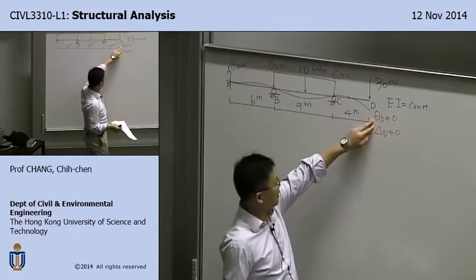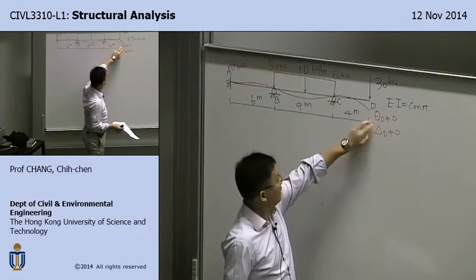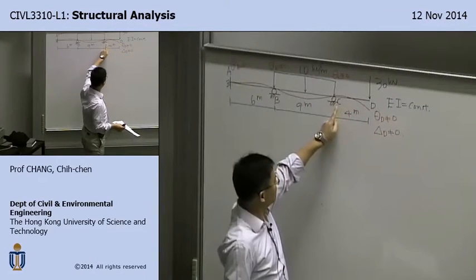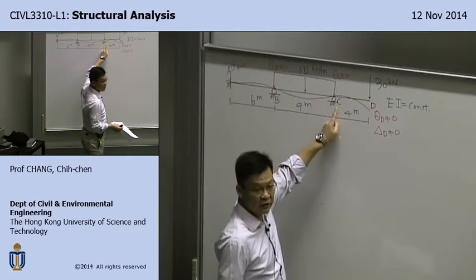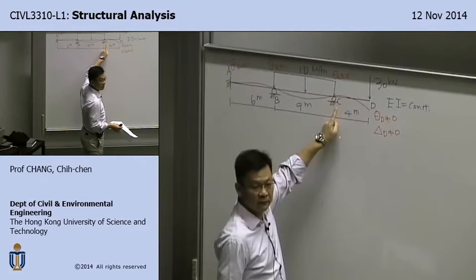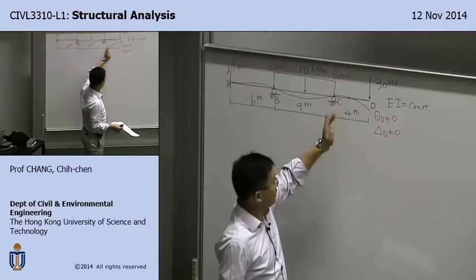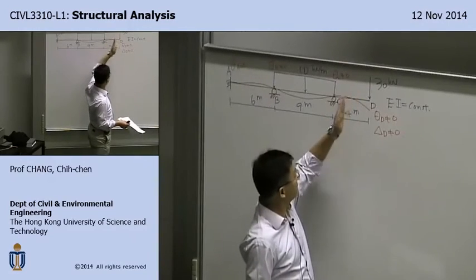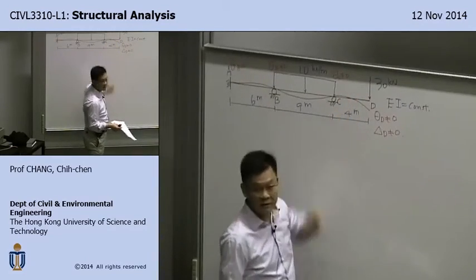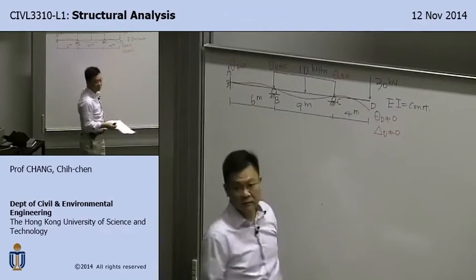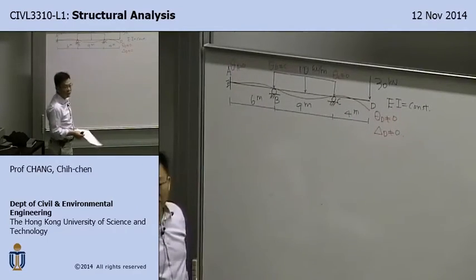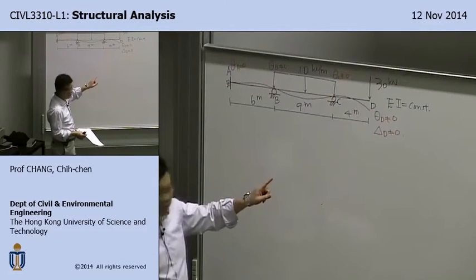If these 2 are not your concern, can you see that this part of the structure actually is already known? Can you see that? If I cut a cross-section anywhere on this segment, it's already known.